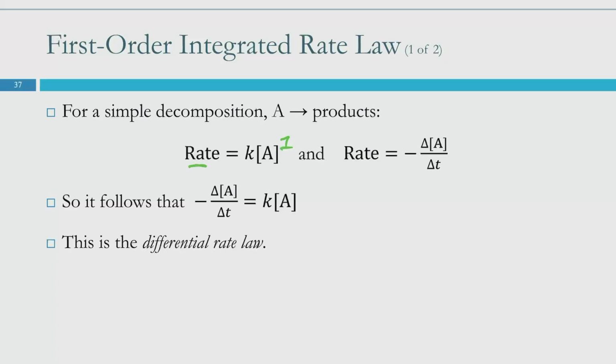And since these are both equal to rate, we can make them equal to each other. And we can call this the differential rate law. So at one period of time, or comparing 2 points in time, we can figure out what our rate is at that moment or between those 2 moments.